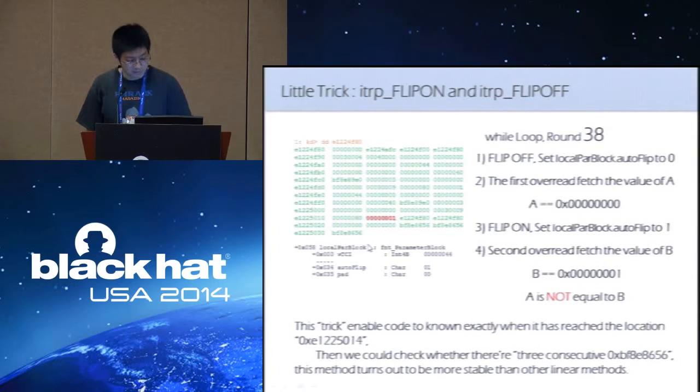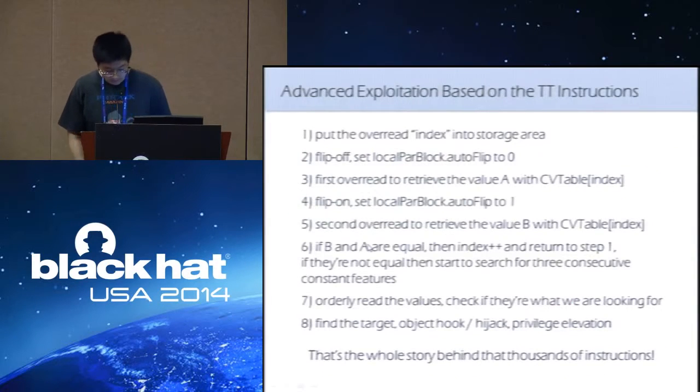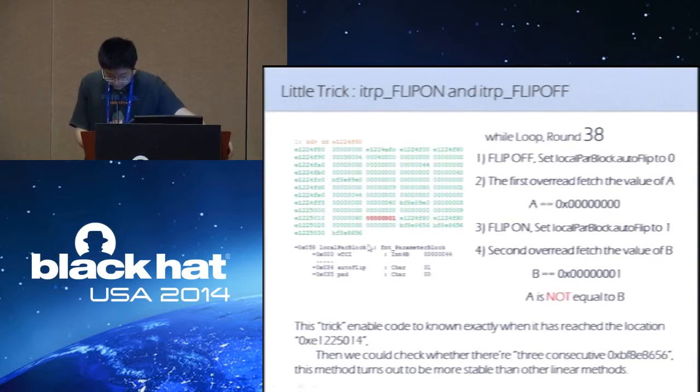Then we can check whether there are 3 consecutive function pointers. This method turns out to be more stable than other linear methods. Detection of 3 consecutive function pointers is implemented with the subtraction instruction, and the exploit code will read 3 addresses and check if they are 0 or not.